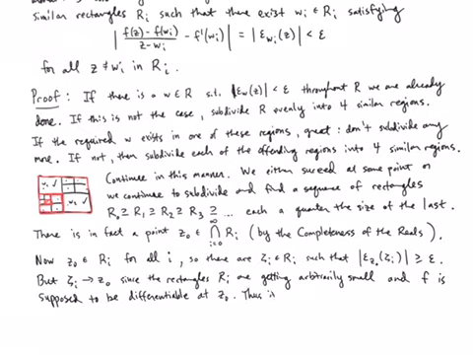Thus, it should be that the limit as z goes to z naught of the error at z naught, z, is equal to 0.